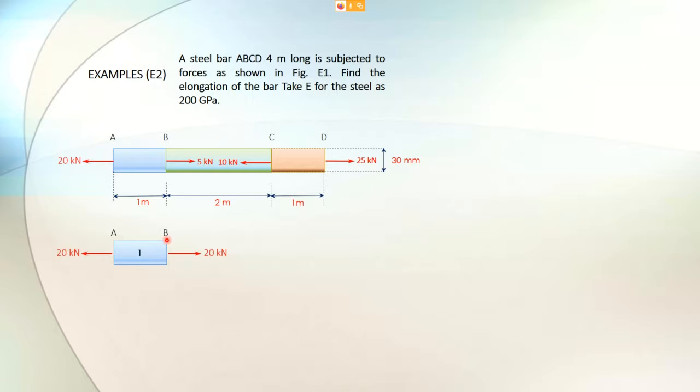Then you can consider the next part, with section AB. Comparing section B here, which is only 5, with the 20 here, I must remove 15. I must remove 15 from here to compare to the 5 here.